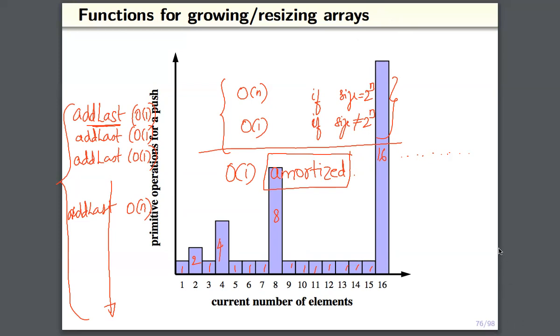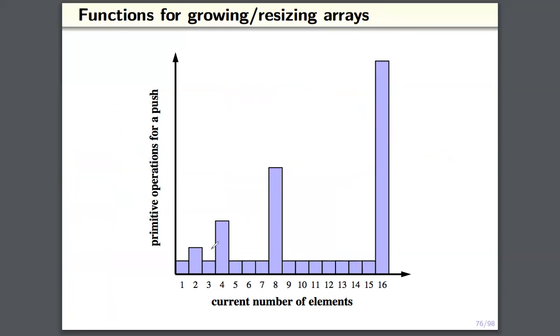let me erase these. That means, on an average, what is the number of operations it takes whenever you add last? This is not the average case complexity. Think about it. Average case complexity assumes all possible data distribution, and considers the average based on probability and everything. This is not based on data distribution.